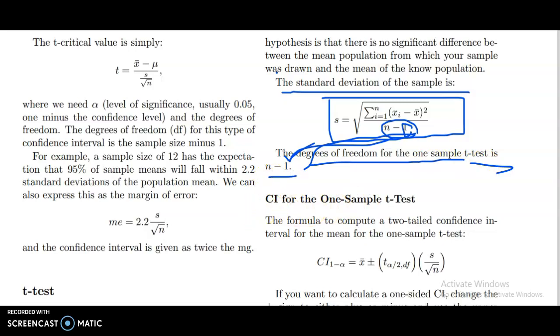Here, for all the samples we are calculating the summation.